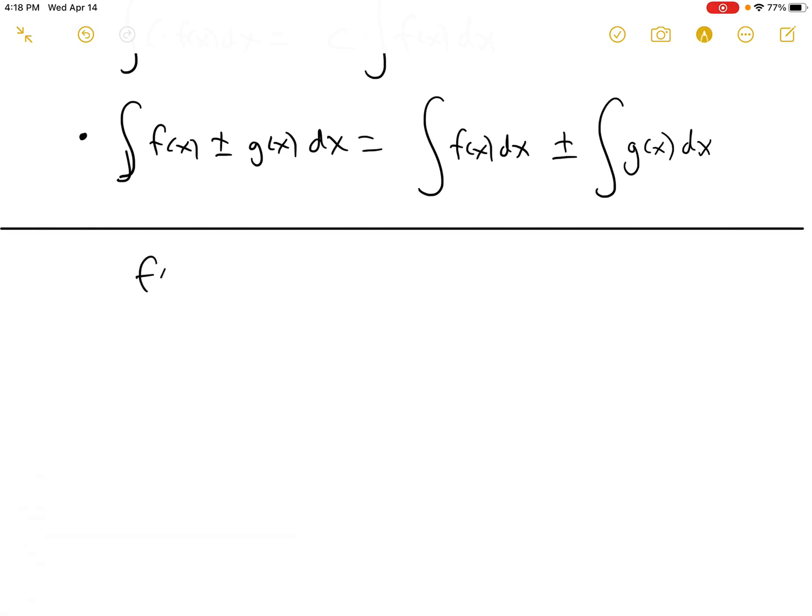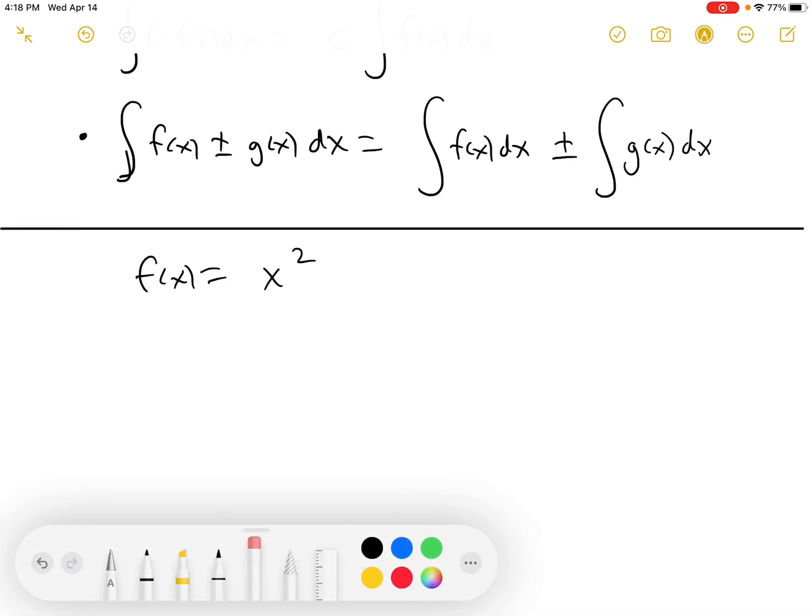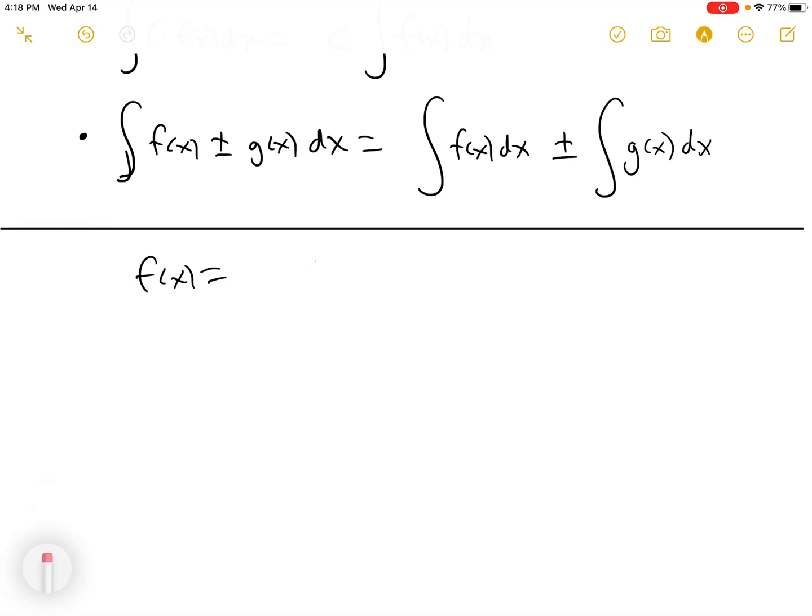Before we had f of x equals 2x minus 1, and the antiderivative was x squared minus x.